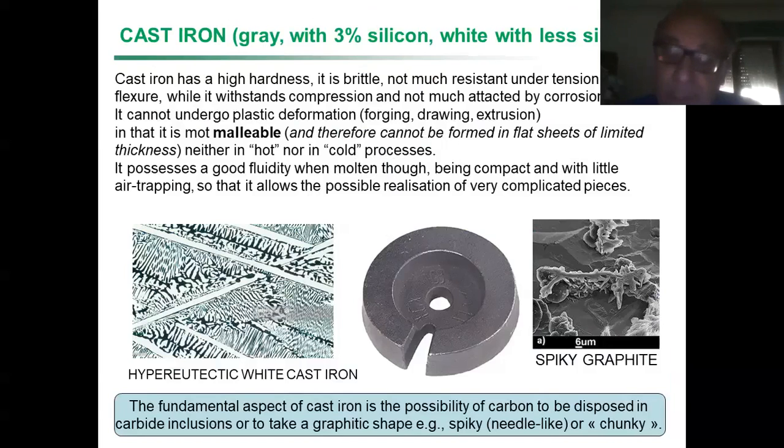If we have more than 2% of carbon, we have cast iron. In historical terms, we had first cast iron and then we used steel, because we were not able to alloy it very much with chrome and nickel and so on, and therefore not much able to provide drawing and other operations.